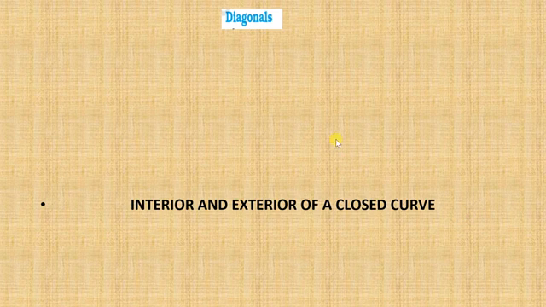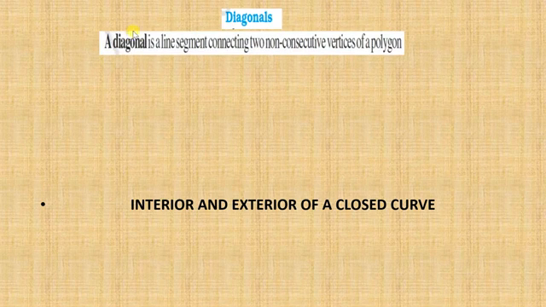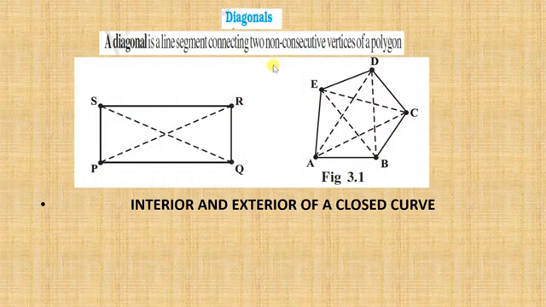Now we will discuss the diagonals of a polygon. A diagonal is a line segment connecting two non-consecutive vertices of a polygon. If we join non-consecutive or non-adjacent vertices of a polygon with a line segment, then that line segment is called its diagonal.